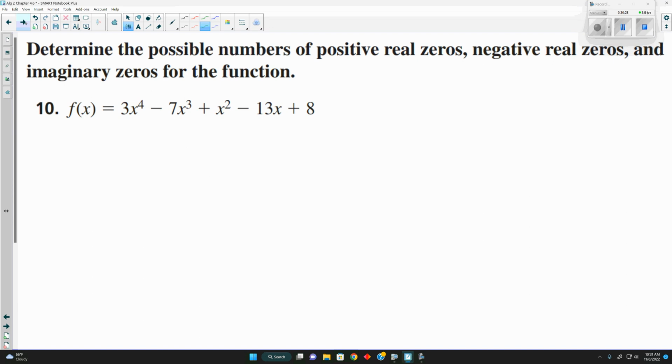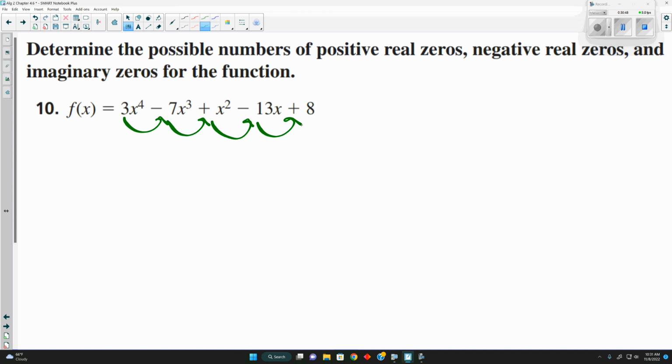Okay, let's look at this one here. Now for this one here, finding the number of positive is not too bad. It's just counting the number of sign changes that we have here.